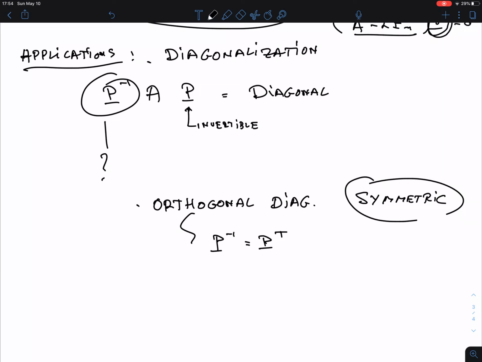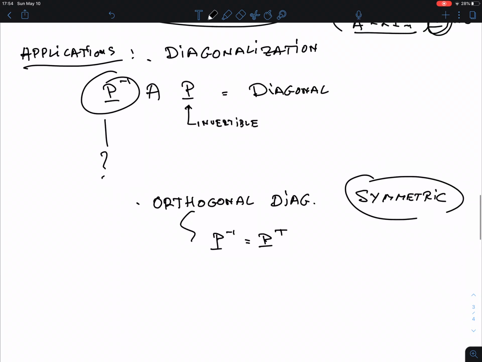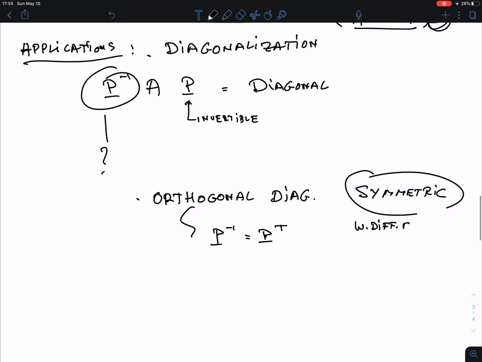We would have two basis vectors, but they might not be orthogonal. So we would have to do the Gram-Schmidt procedure, which we haven't discussed. So for orthogonal diagonalization, we only do symmetric matrices with different eigenvalues. I'm going to put this here, although this is not necessary in the general theory. For us, that is what we do: different eigenvalues. Meaning if this is a 3 by 3, there will have to be 3 different eigenvalues.